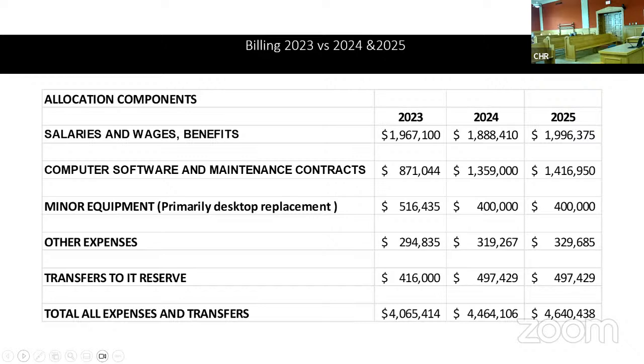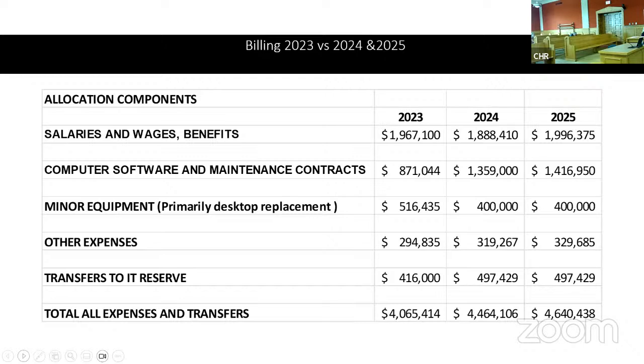This one was a really interesting one because when I did research, we put it in our cost allocation, but we never did the transfer to the IT reserve. So for the last 6-7 years, the transfer has not been made. And that's why IT had accumulated a significant fund balance in the operating account.